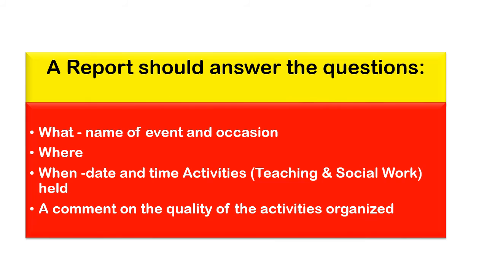Where is the place, for example Pune, Mumbai, whichever the place is. When is your date and time of the activities. Wherever the place is, that has to be mentioned clearly. Finally, a comment on the quality of the activities organized should also be there in your report writing.